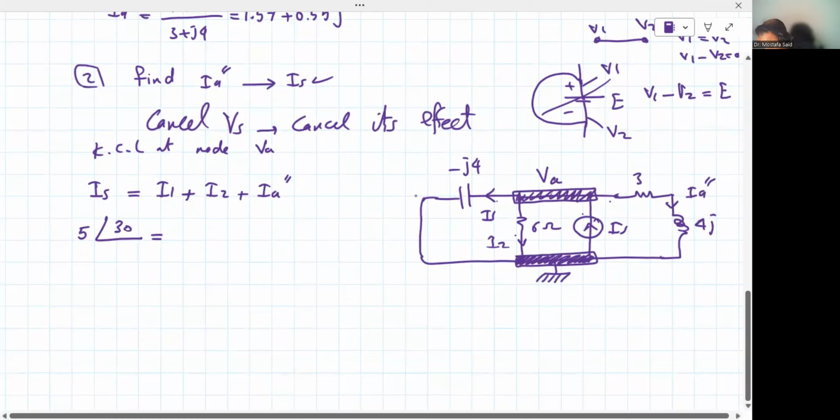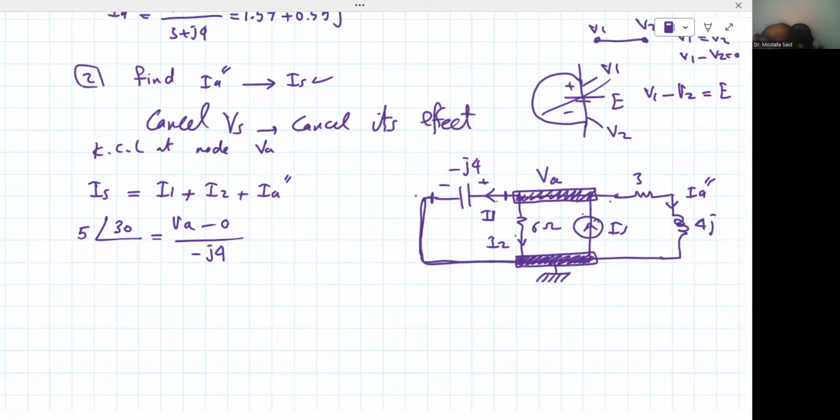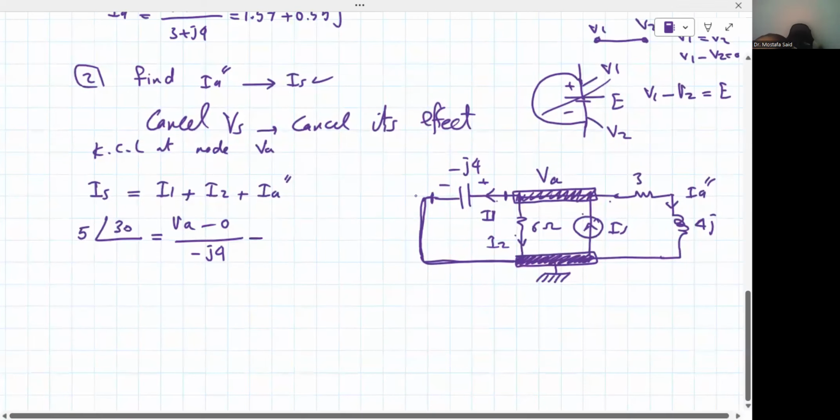What is I1? I1 is basically the current flowing into the minus G4. So it's equal to the voltage across the minus G4, which is that terminal, VA, minus that terminal, which is basically 0, divided by the impedance, minus G4. Plus I2.